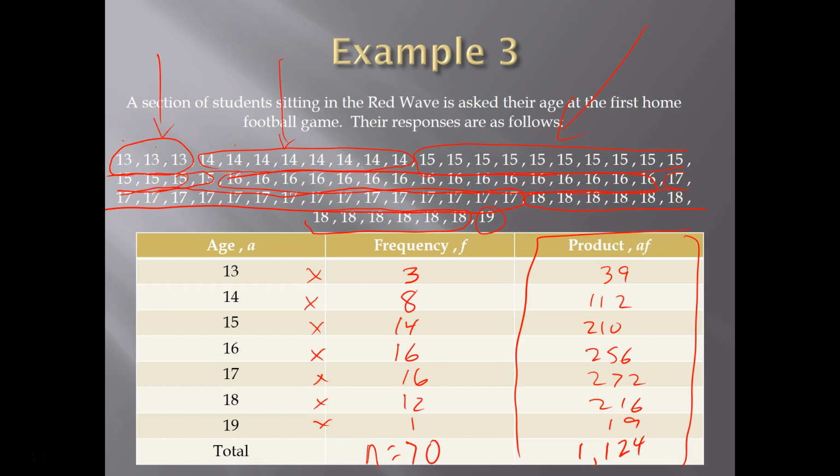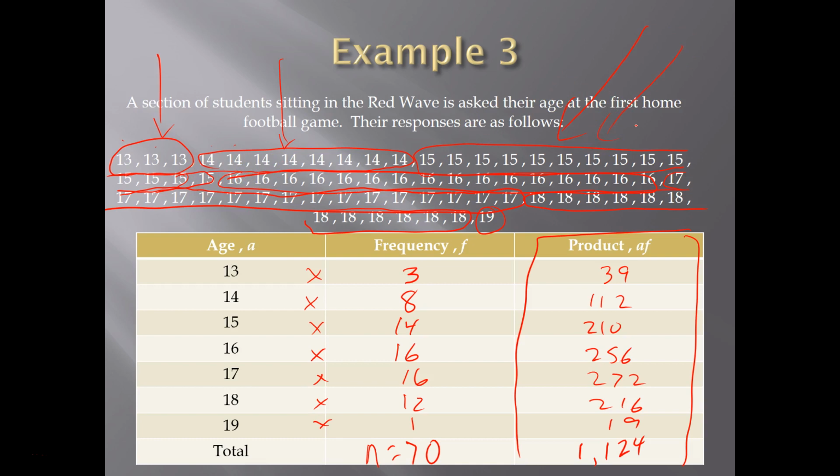Remember what we talked about earlier: when there's an even number of data, in this case 70 people, there are actually going to be two middle values. So the two middle values are going to be the 35th and 36th person.